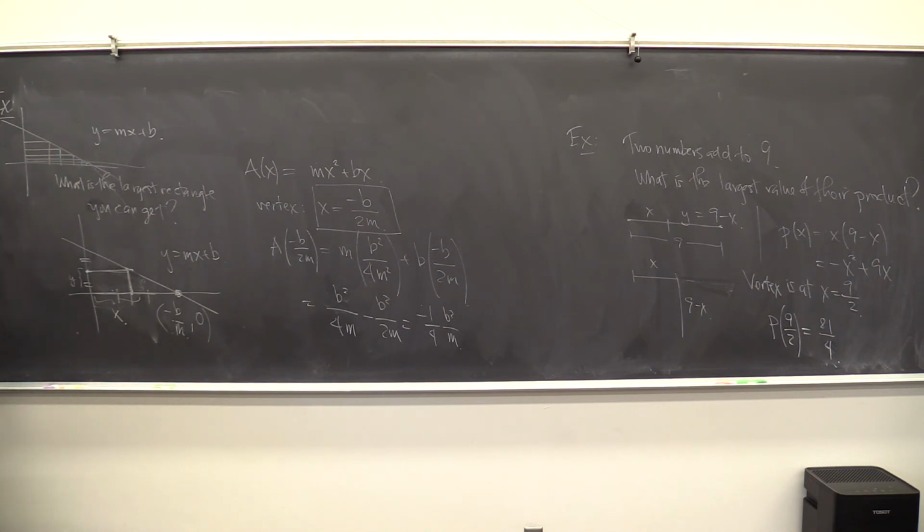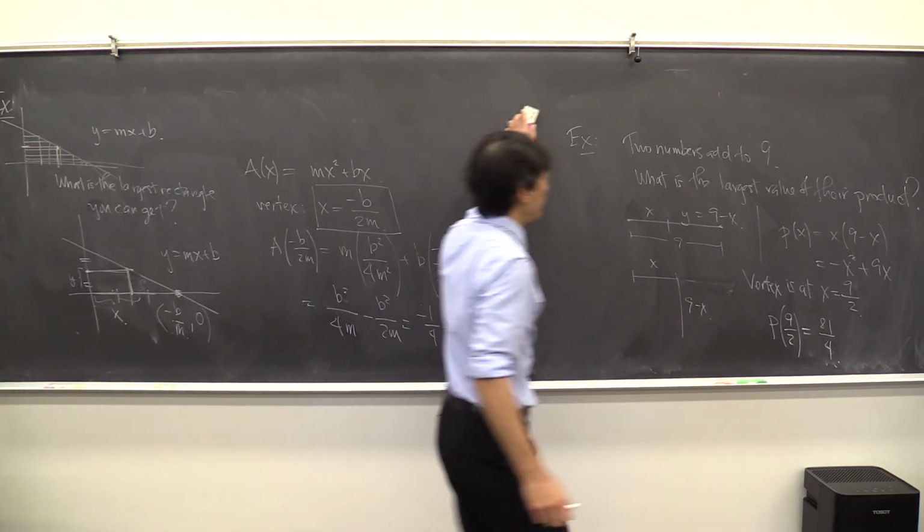So for all of our rectangles, the corner is going to meet the line. And the problem was to figure out which one has the greatest area, and it turns out that the one that satisfies this symmetry is the best one. Okay.